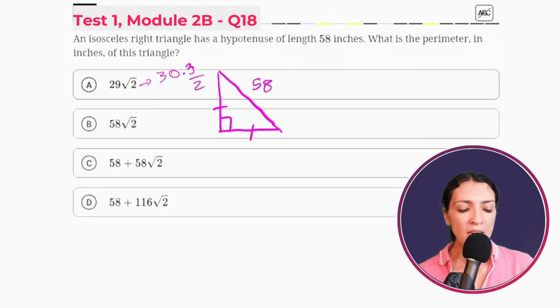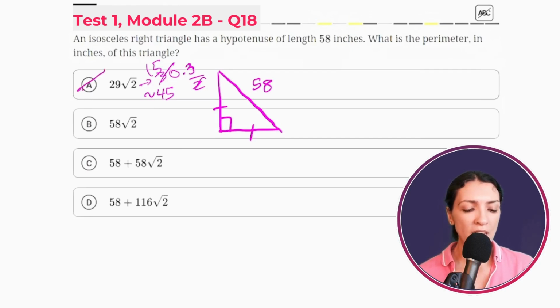So choice A is 30 times 3 over 2, which would be 15 times 3. So choice A is almost 45. Now, if one side of our triangle is 58, our perimeter of the triangle cannot be 45. So that gets ruled out.